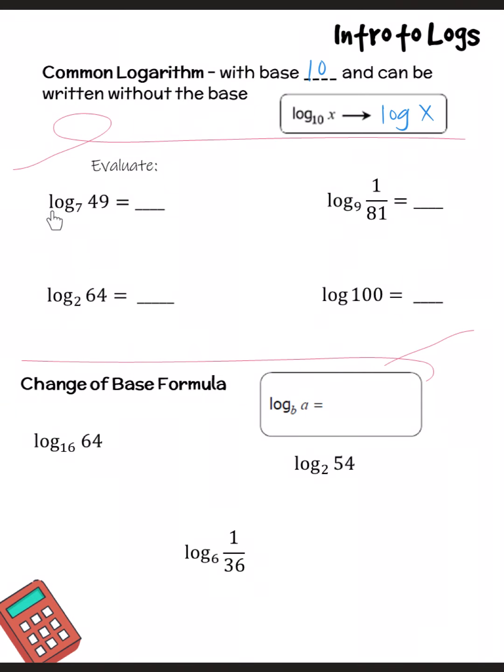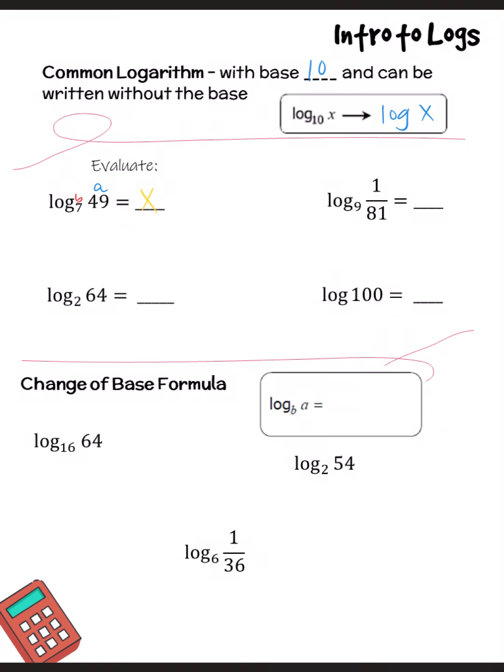Now we're going to go into evaluating our logs. Before, we would have log base number of a number equals a number. Well, now we need to find this number, our x. We can do that by writing this in exponential form.